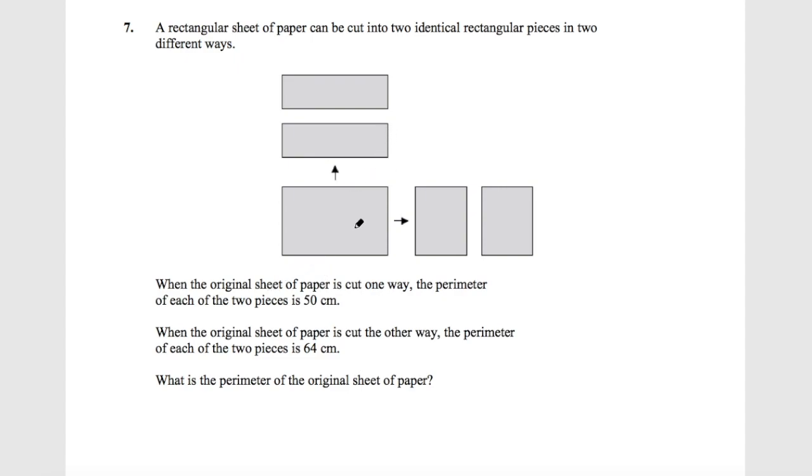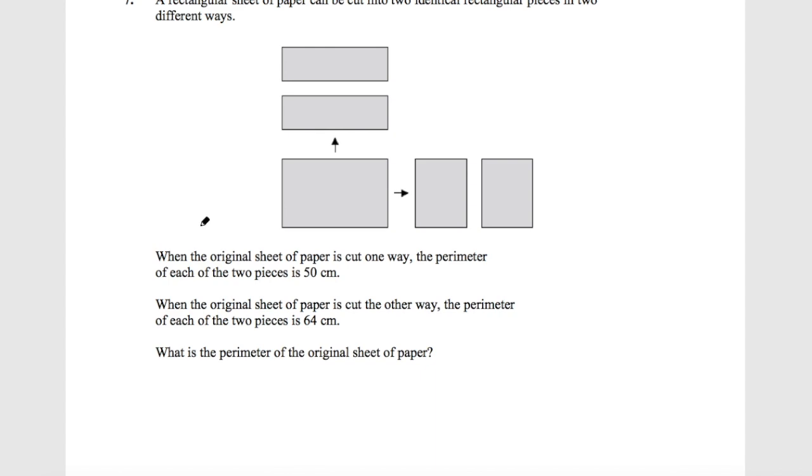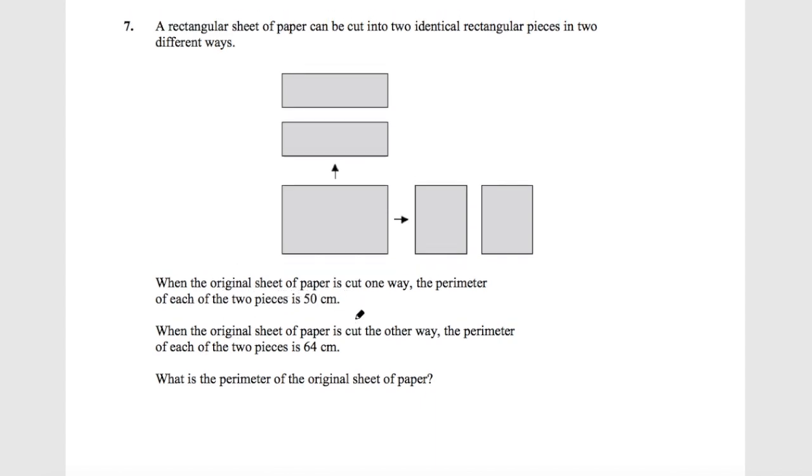Right, so we need to relate the lengths of this original sheet to these shapes here. So this was the original piece of paper, and I've cut it in half long ways to get these two shapes, and then I've cut it in half this way to get these two. And it said when the original sheet of paper is cut one way, the perimeter of each of the two pieces is 50 centimeters.